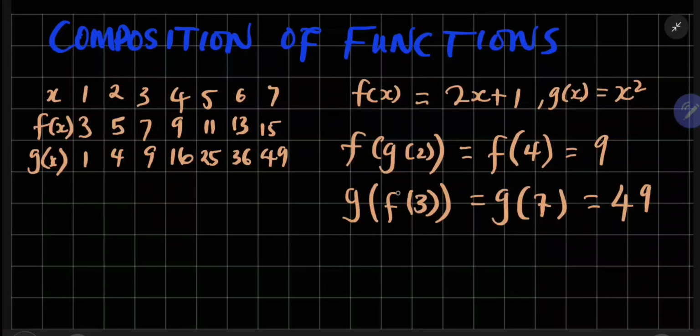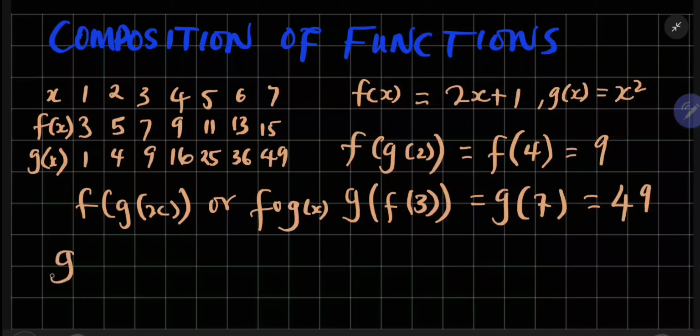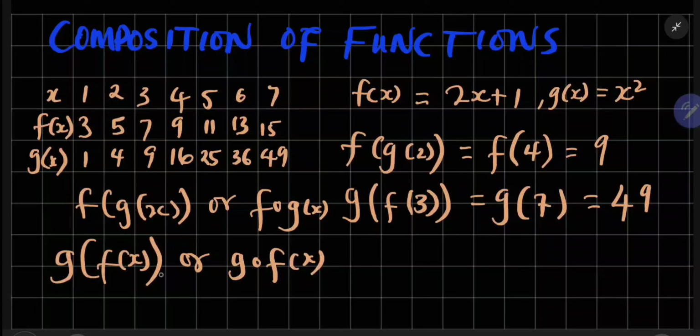Now, composites of functions can either be written this way or can be written this way: f of g can be written this way or as this, and f of g, where you have g of f, can be written this way or this way. Either way, this and this mean the same.